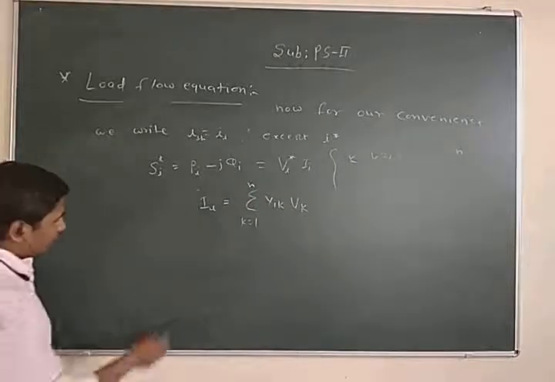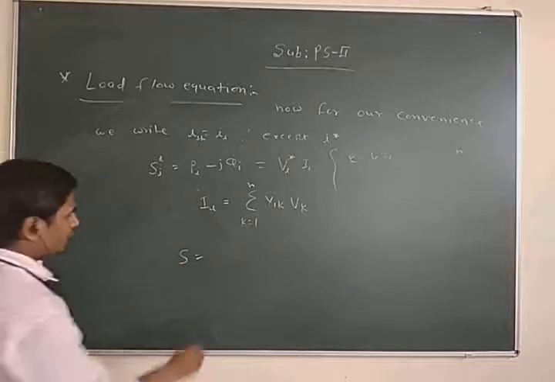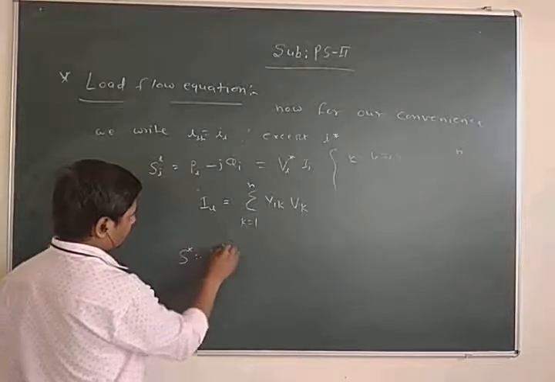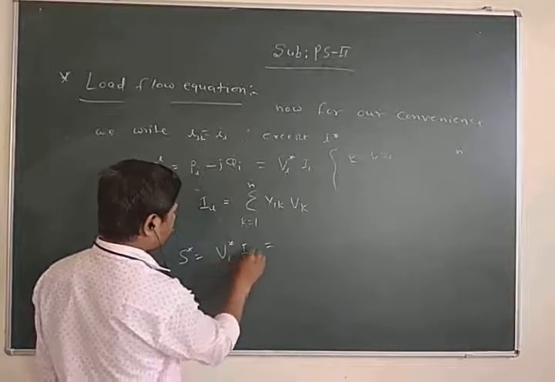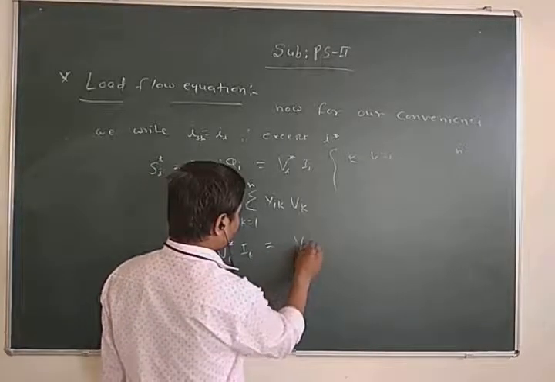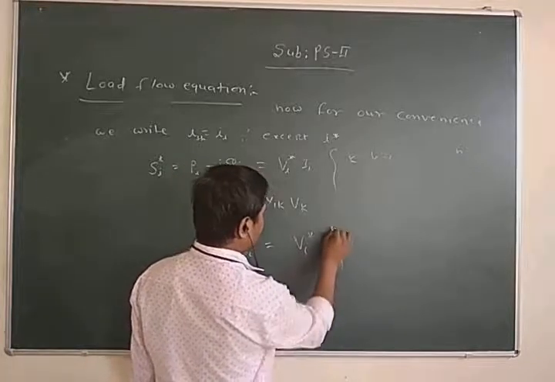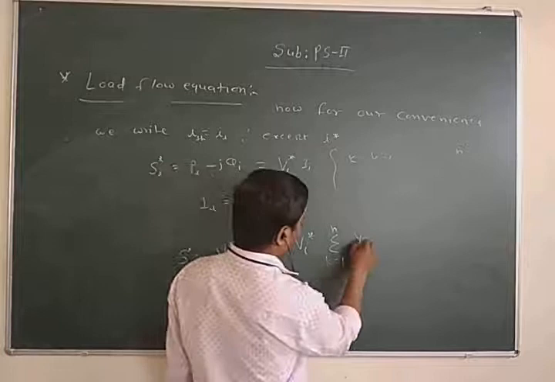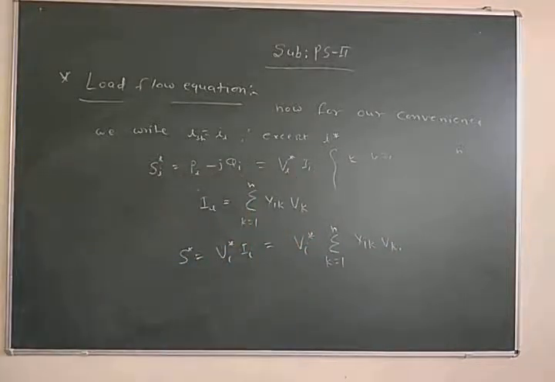Next, power S is equal to Vi conjugate into Ii, or it becomes Vi conjugate into sigma k is equal to 1 to n Yik Vk. This is the total power at bus i.